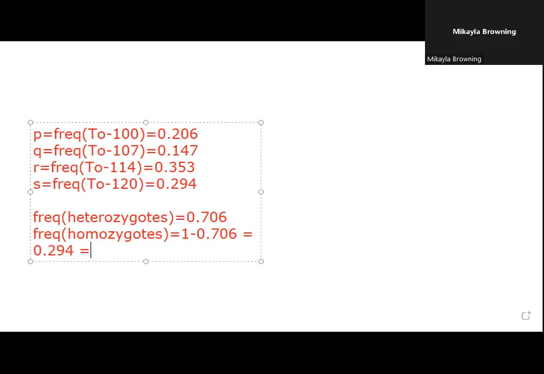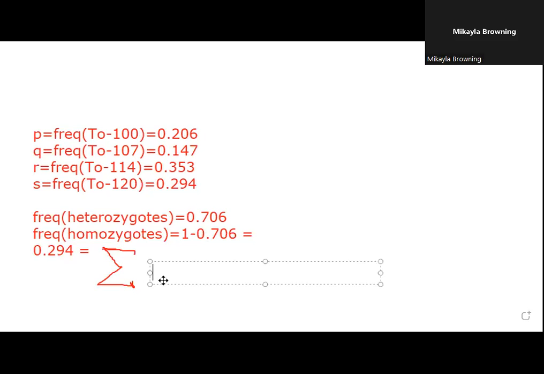Now the frequency of the homozygotes is easy to calculate, because it is equal to the sum, there's my attempt at drawing a sigma, of the allele frequencies squared.